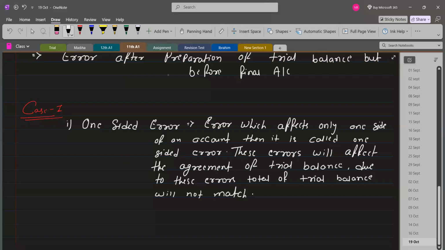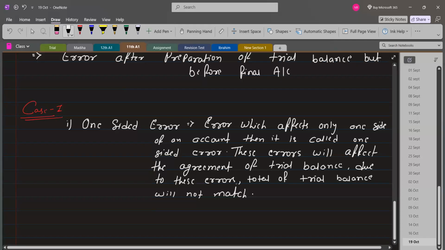Okay. So one-sided error: error which affects only one side of an account is called one-sided error. These errors will affect the agreement of the trial balance. Due to these errors, total of trial balance will not match.